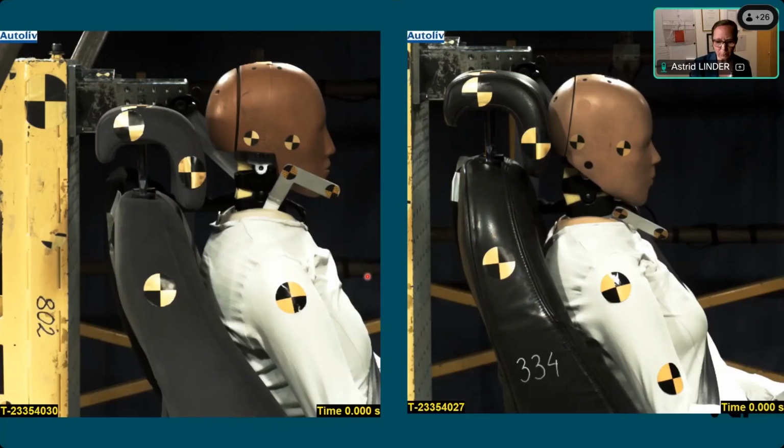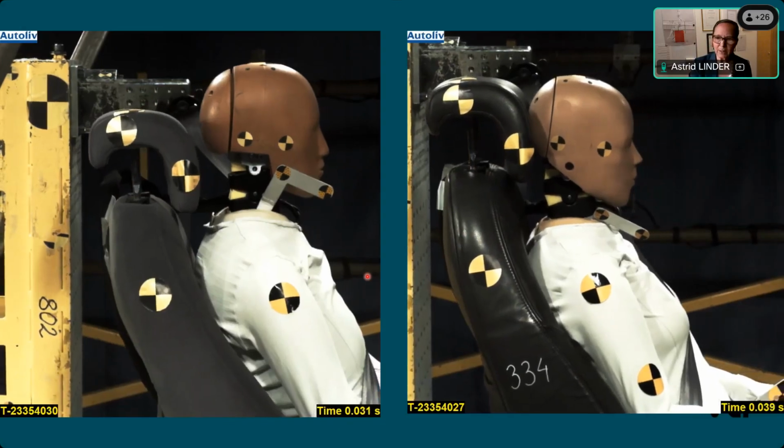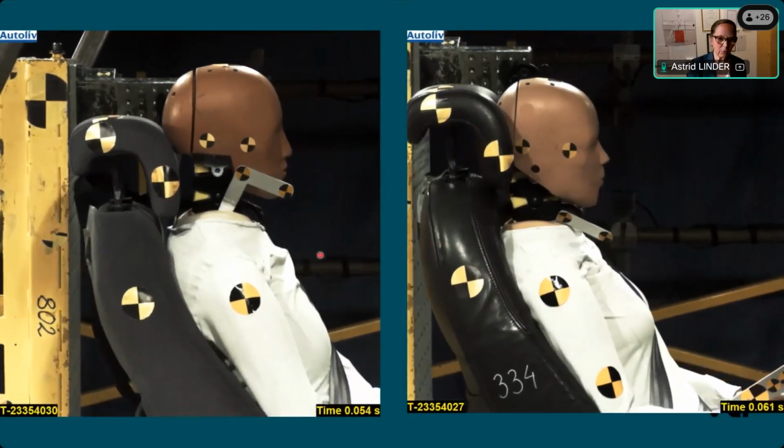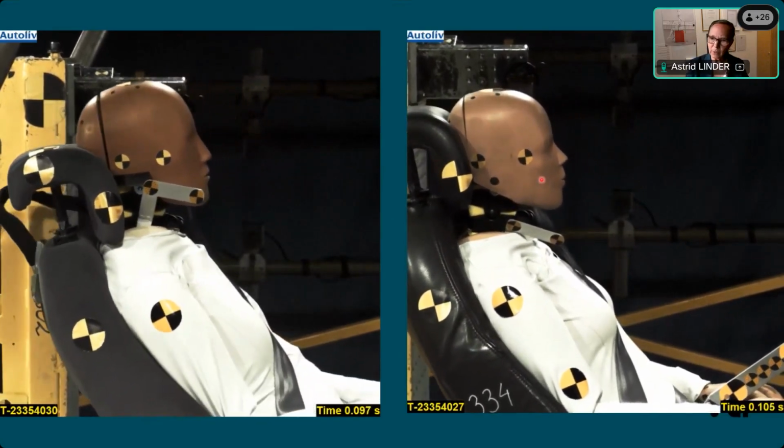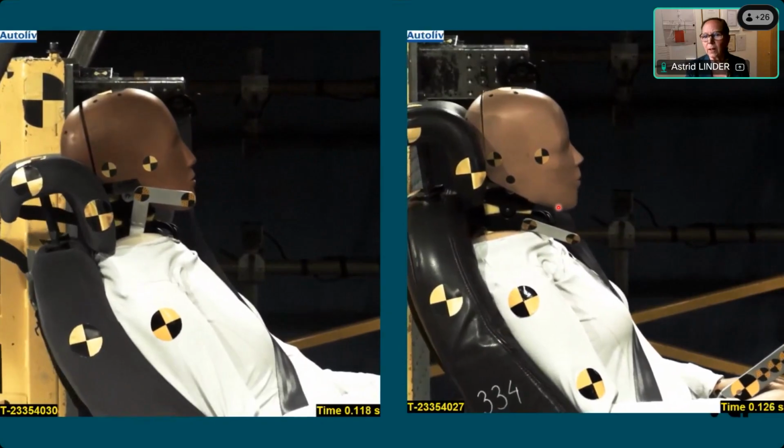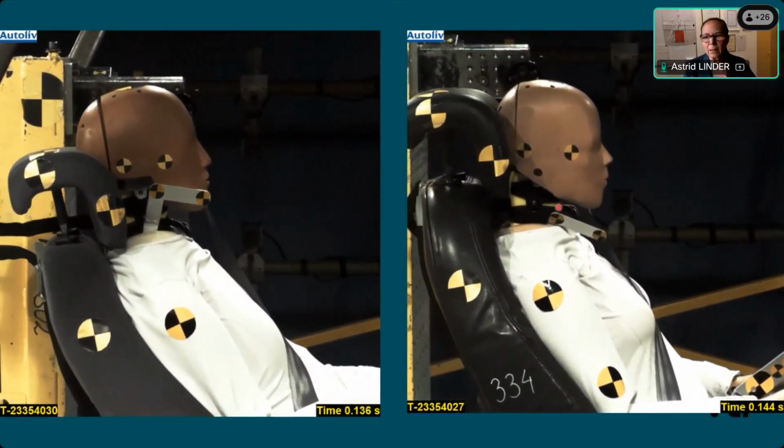So first, I just want to show the test as such. Here you can see to your left, you see the average male, and to the right, you see the average female seated in the Saab seats.